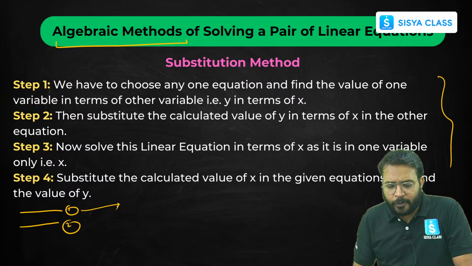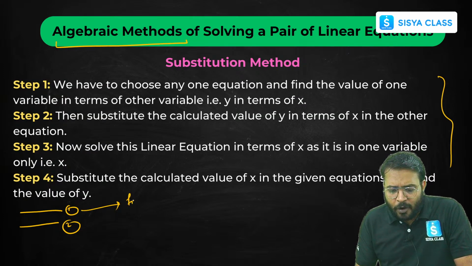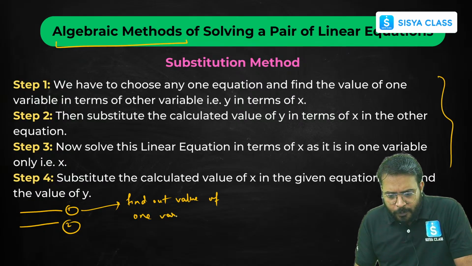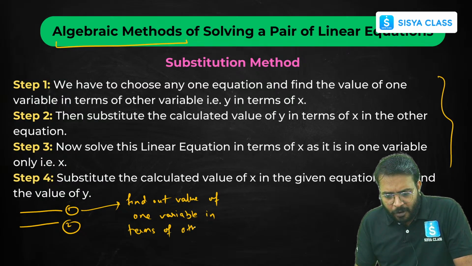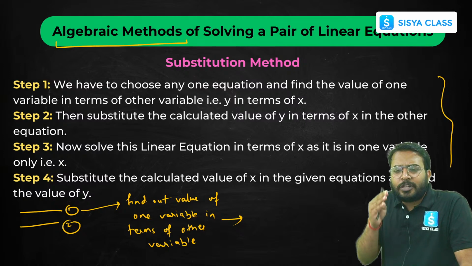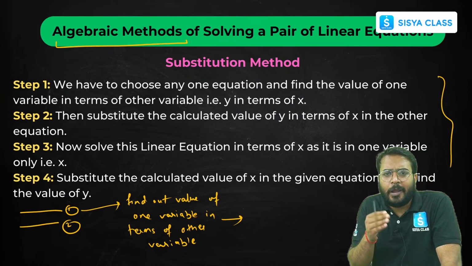From the first equation you will find out the value of one variable in terms of the other variable. After this, you are going to substitute the same value in your second equation.